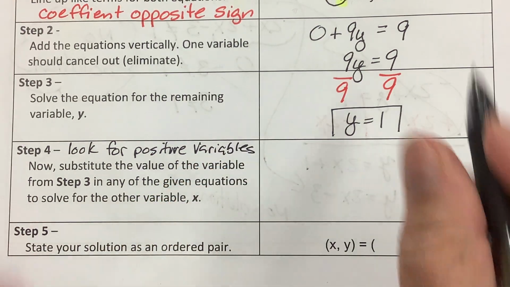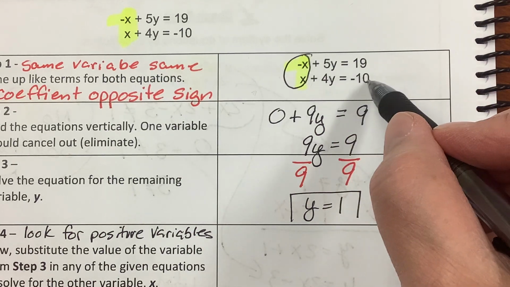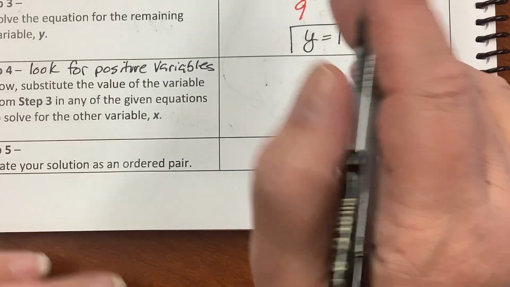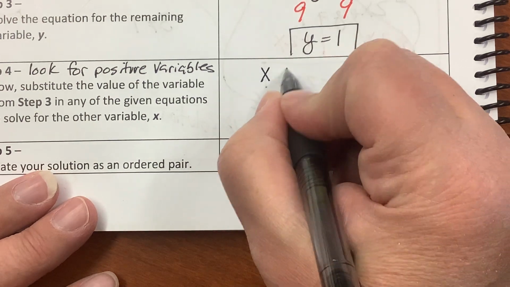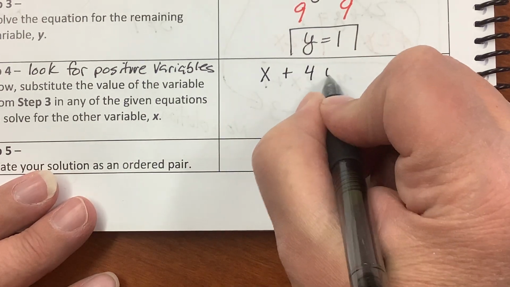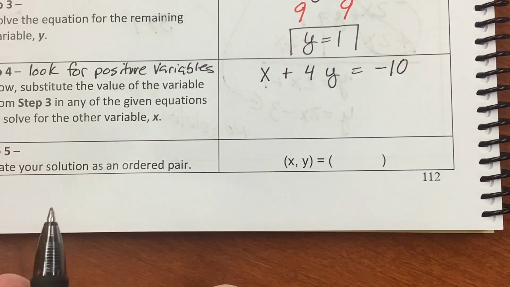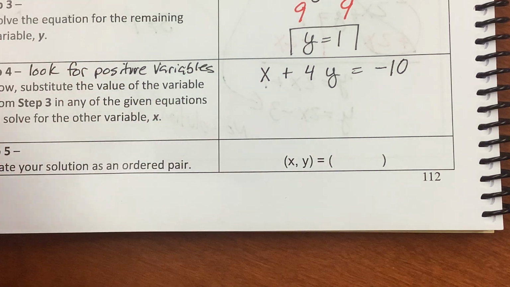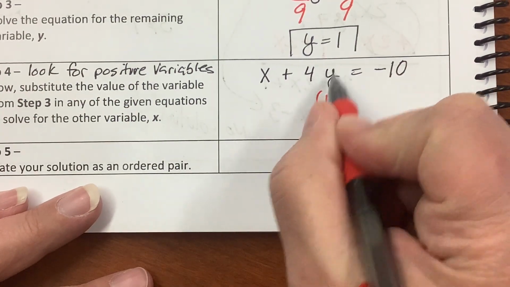So for this, I have positive x, positive y, and negative 10. I want the variables to be positive. So I'm going to rewrite the equation that I'm using so that the person grading me, that's me, knows what equation I'm using. If you just start filling in numbers and I don't know what equation you're using, you're going to get it wrong. So rewrite the equation, show the substitution. Where the y is, in parentheses, is going to go 1.